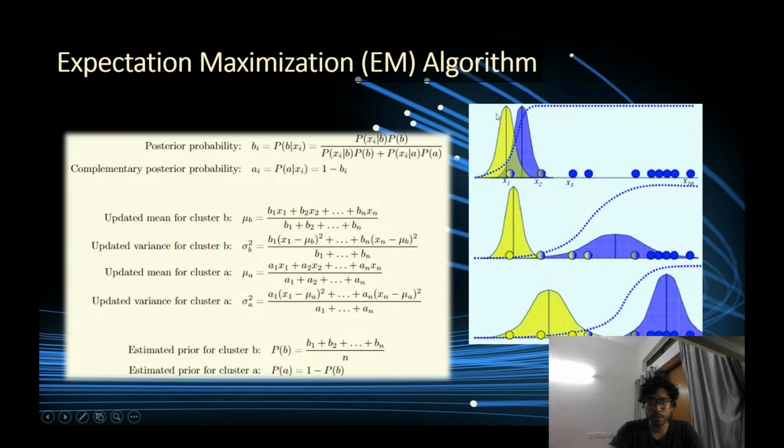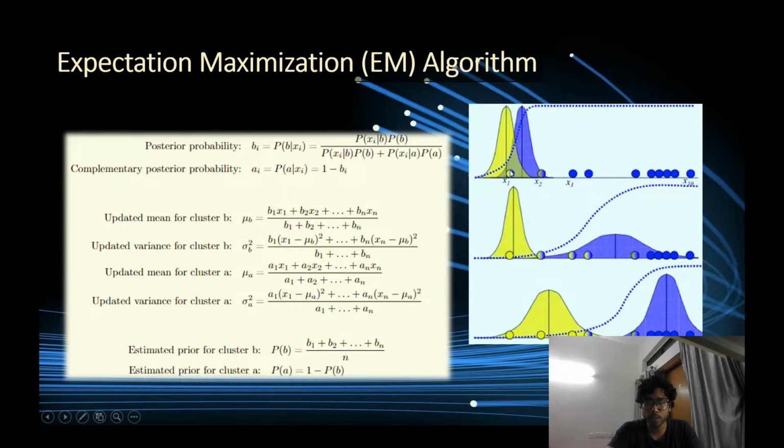Initially, you start with any two Gaussians. Let's say you have these points, and you start with a yellow Gaussian and a blue Gaussian. Let's say you want to cluster your data into two clusters, so you'd start with two Gaussians. Now you see what they are doing.